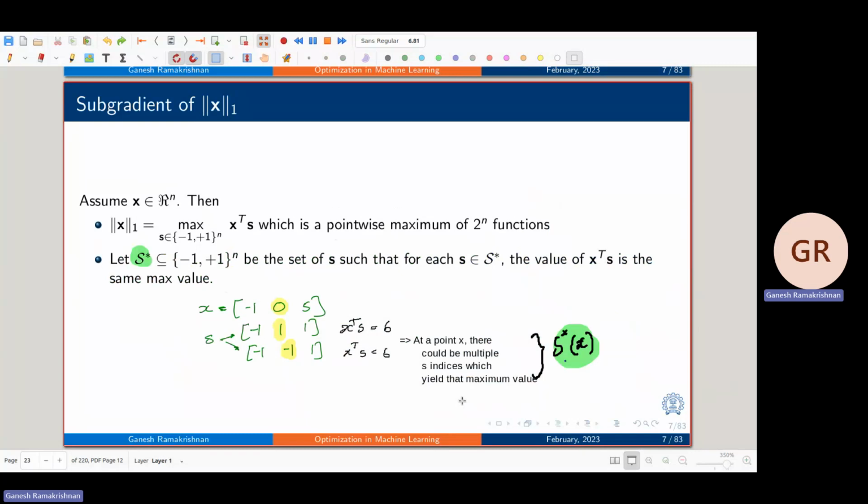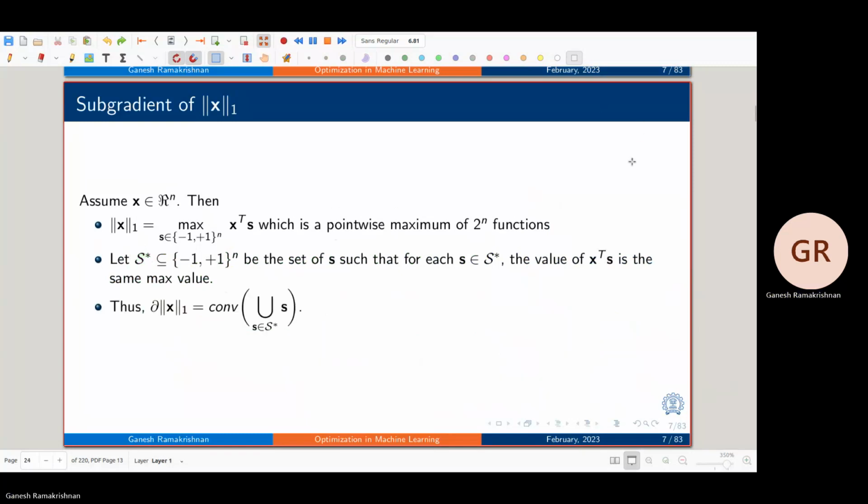You just say S in this S star X. Of what? Now you look at the partial derivative. Okay, sorry, not partial derivative. What I meant is subdifferential. Subdifferential of S transpose X. Which is nothing but, what is the subdifferential of S transpose X?